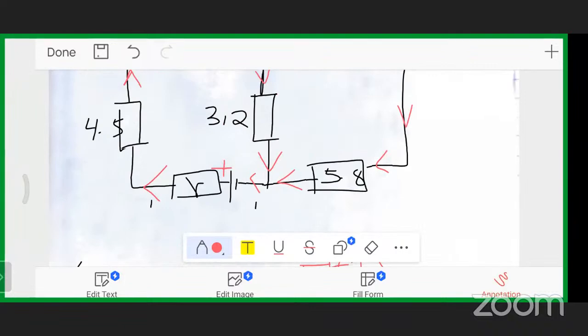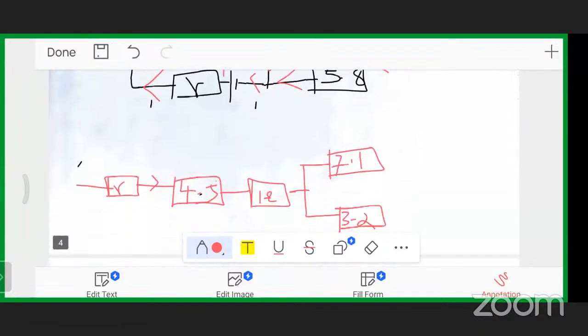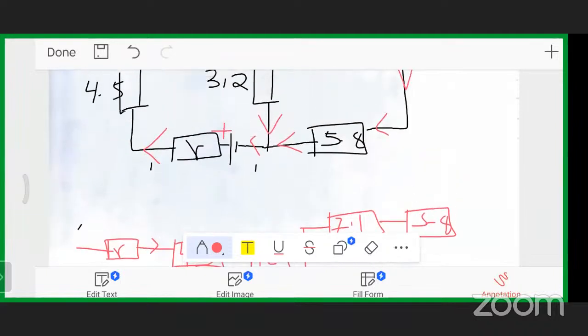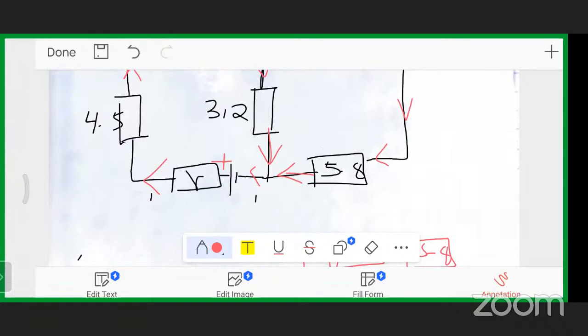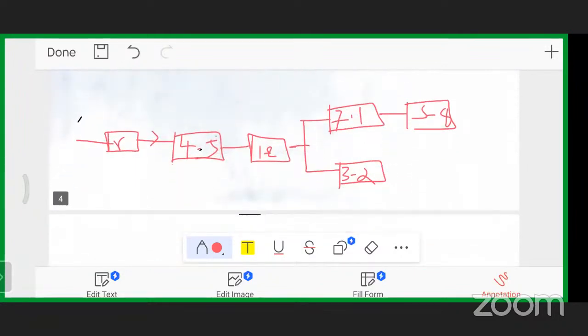From the 7.1, it moves and gets the 5.8 on the way. Then from the 5.8 and from the 3.2, they combine to go back to the source. So just extend this one this way, extend this one this way, and then complete like that. So that is the redrawn network.